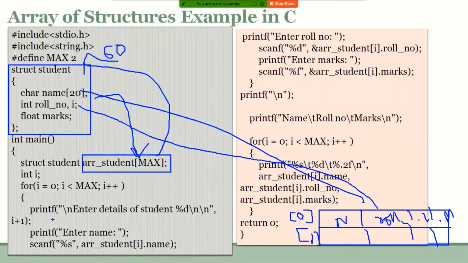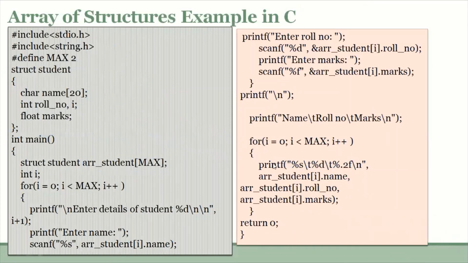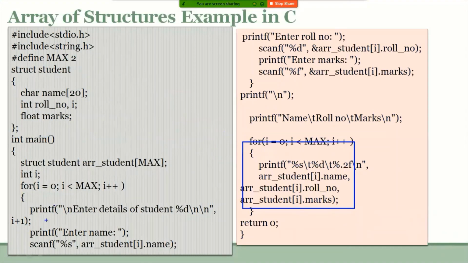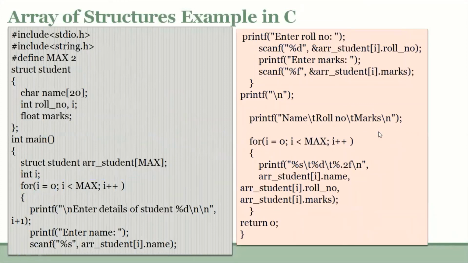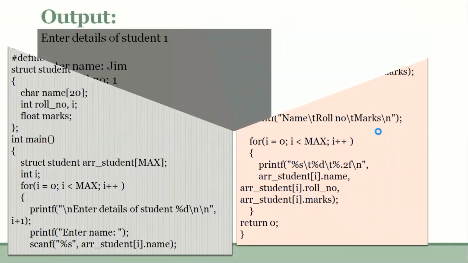Like this, memory will be allocated, and the elements provided from the keyboard will be transferred to the corresponding locations, and the same details can be displayed with the help of a for loop as well as a printf statement. To read elements, a for loop and scanf statement are used to read name, roll number, marks, all those things. After that, the same thing can be displayed. If you execute this particular program, then you can obtain output in this way.